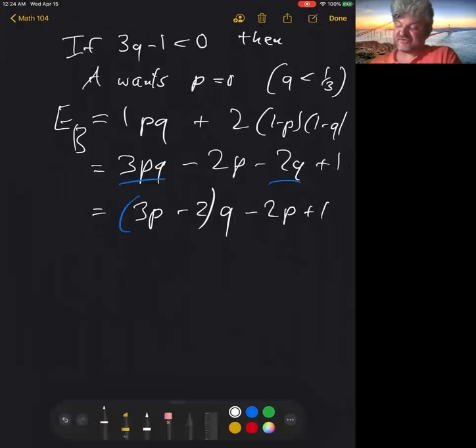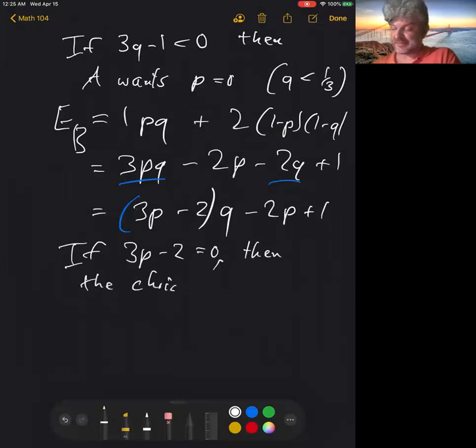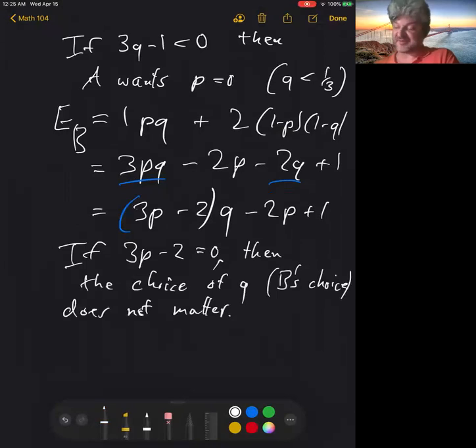And the choice of Q doesn't matter when 3P minus 2 is 0. Choice of Q, that's B's decision. B's choice does not matter for their own expected value.